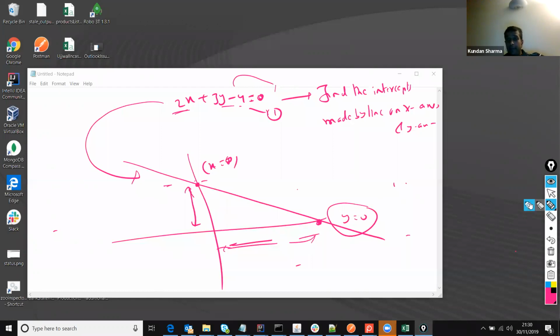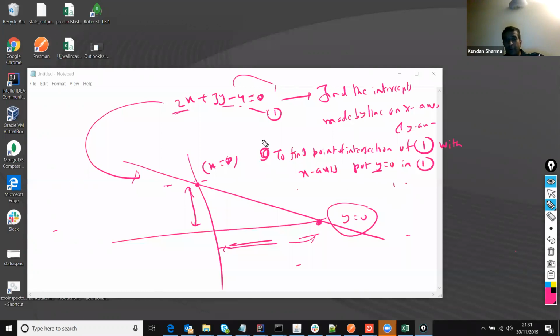we can say that to find, I'm trying to show you the working, to find the point of intersection of line 1 with x-axis, put y is equal to 0 in 1.